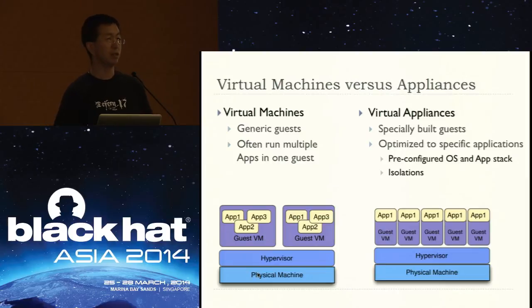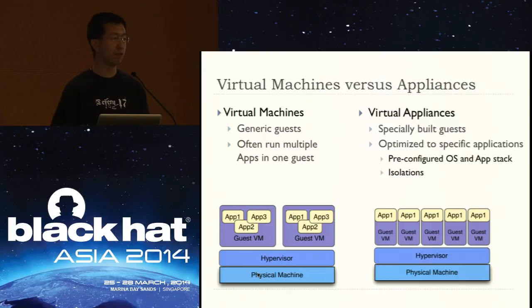Some other virtual appliances also add the AutoIt kind of function. If there are any pop-ups, they can click it immediately, automatically. So those are the cases about virtual appliance. Those are the specially built virtual machines.